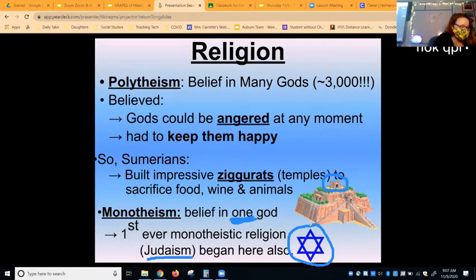And Islam also began in Mesopotamia. All the major monotheistic religions began in this part of the world, just after each other, not at the exact same time, but in the same general place.